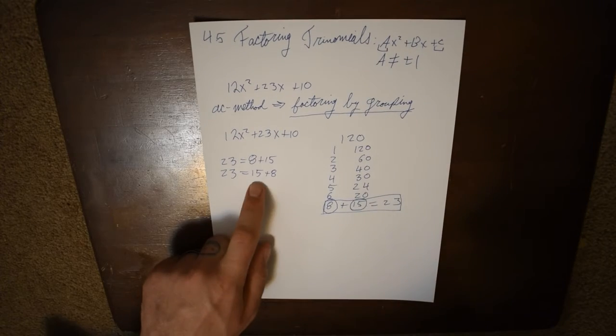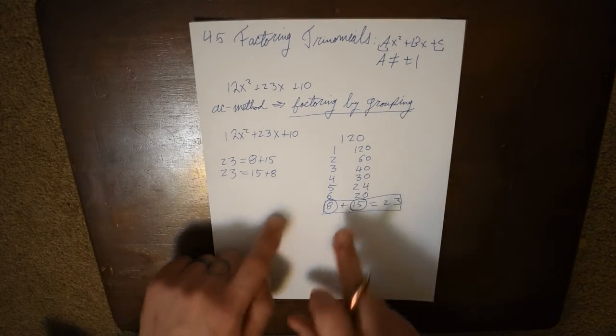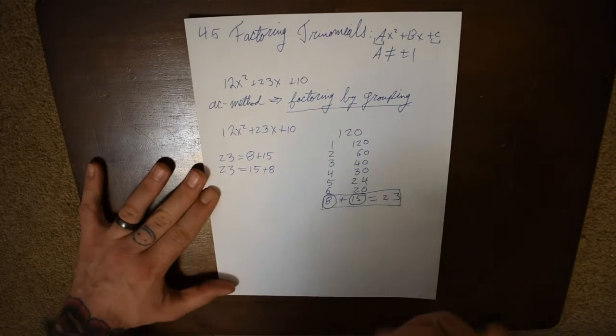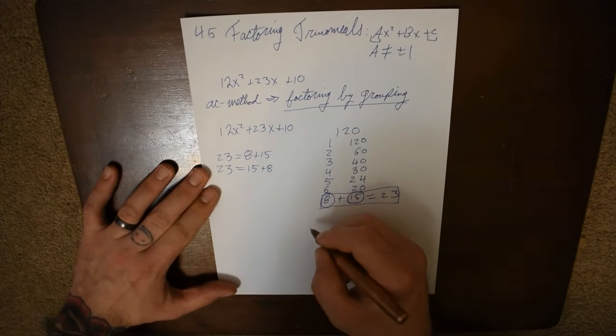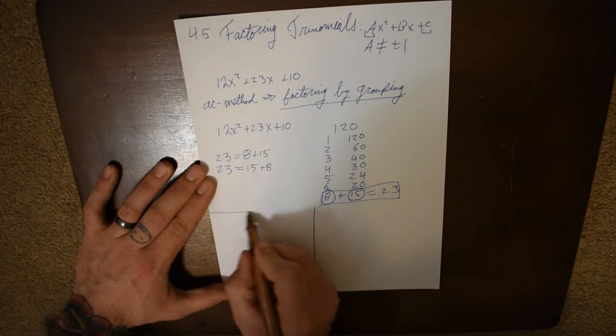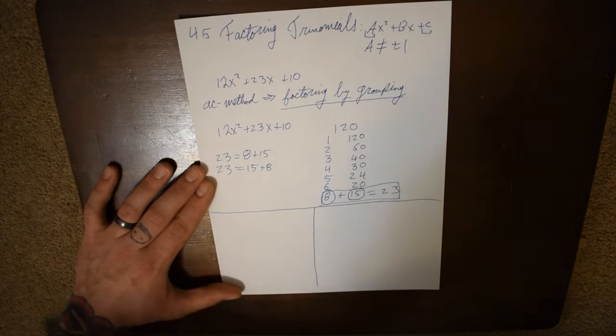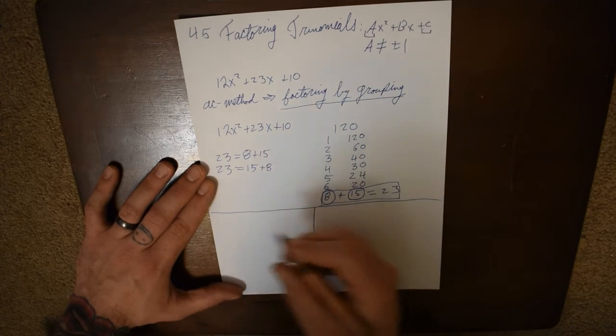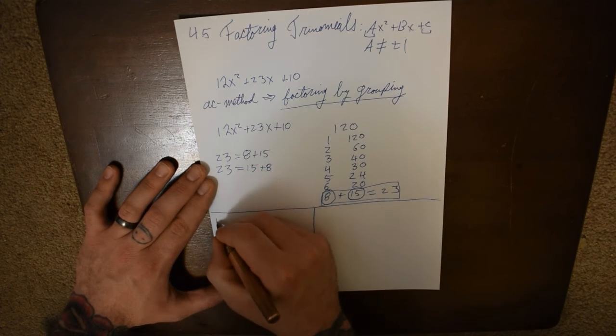It's subtle, but this is important, because the next step is we're going to take this trinomial and rewrite it. And there's two different ways we can rewrite it. I'm going to show you what it looks like when it works, what it looks like when it doesn't. So let's rewrite this polynomial.